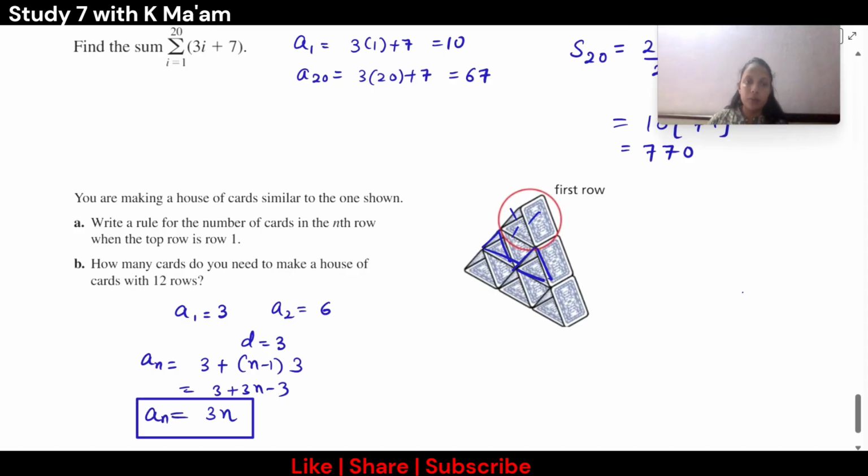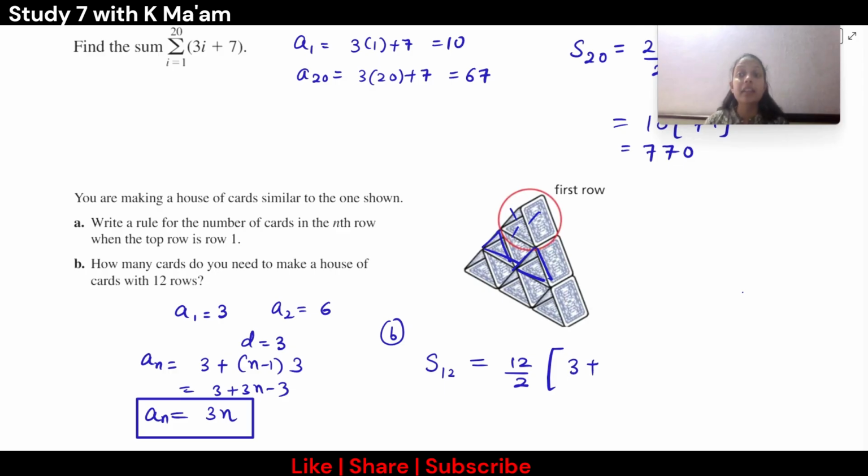This is the general rule. Then it says, how many cards do you need to make a house of cards with 12 rows? So it's asking for the total number of cards up to the 12th row. So S of 12 we have to calculate. That is 12 by 2 times the first term, 3, plus the 12th term.